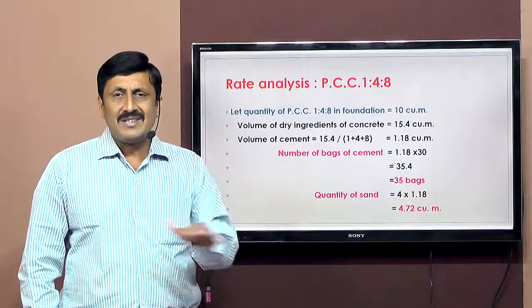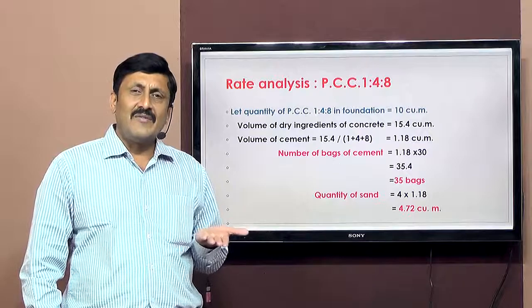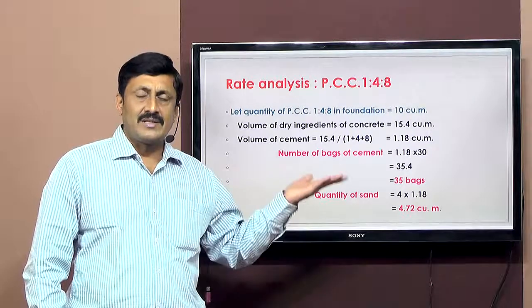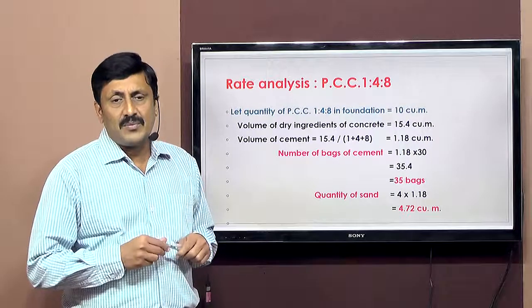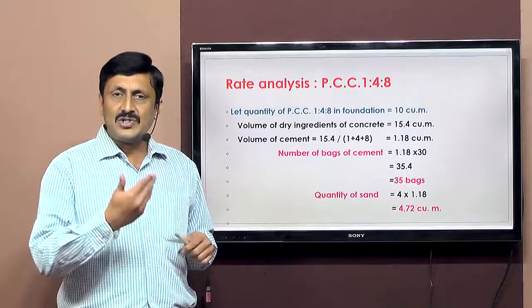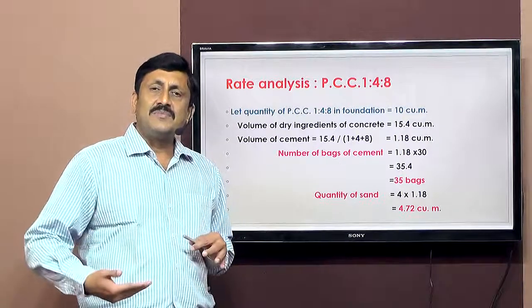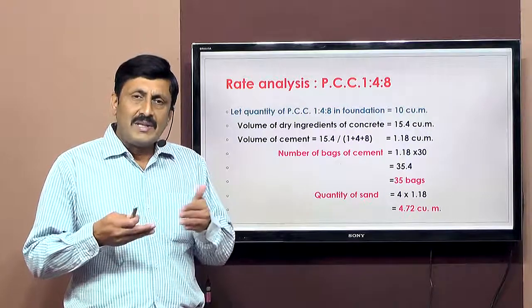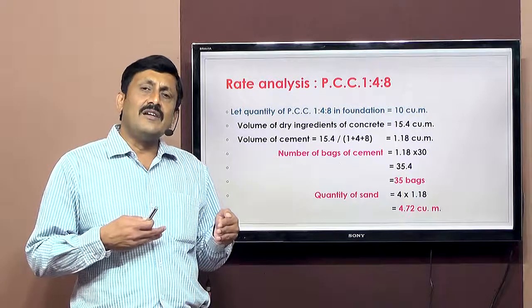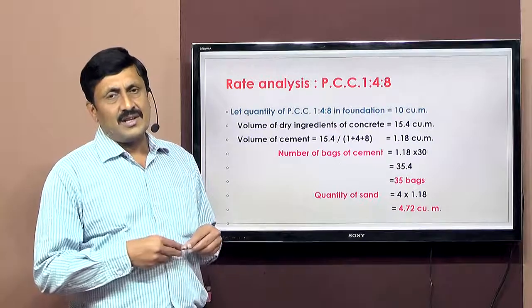Whenever a foundation bed is to be given for RCC columns or footings, normally to give a level platform for RCC footing, this PCC is done, that is foundation concreting is done, and the proportion of which is 1:4:8. It may be 1:3:6. Nowadays it may be 1:2:4 also.